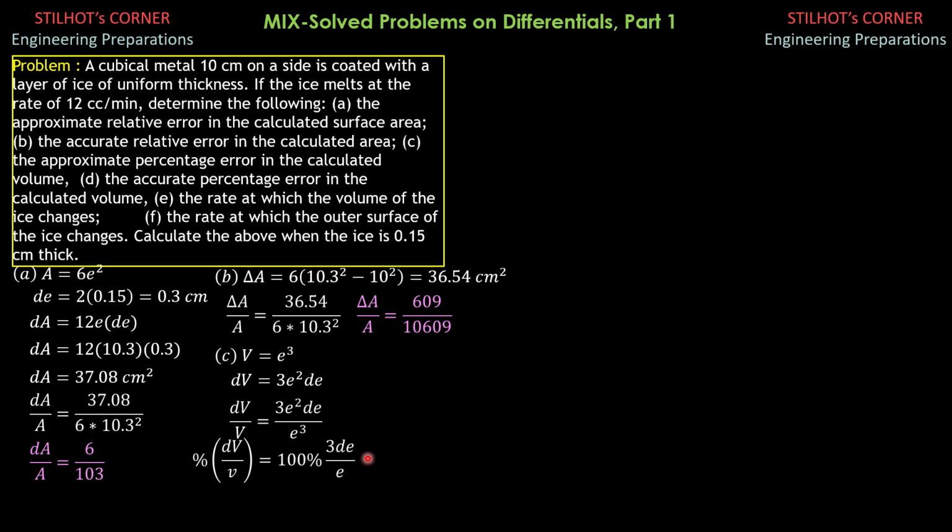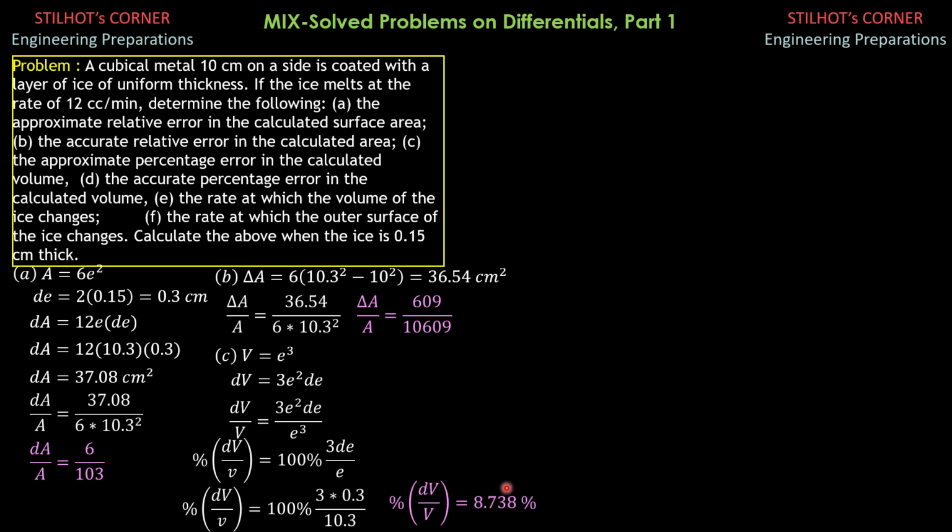Substituting, dE is 0.3 and E is 10.3. So 100% of quantity 3 times 0.3 divided by 10.3. That would be 8.738% error in the calculated volume.